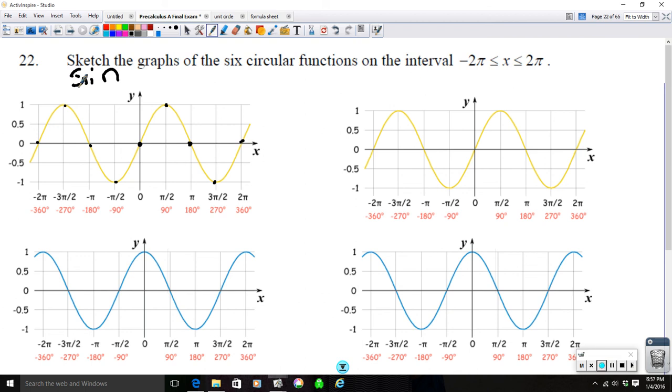Now I'm going to go ahead and do cosecant. When you graph cosecant, you put asymptotes where the x-intercepts are for sine. So these are all your asymptotes.